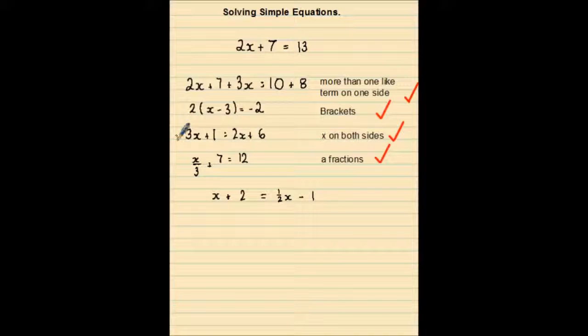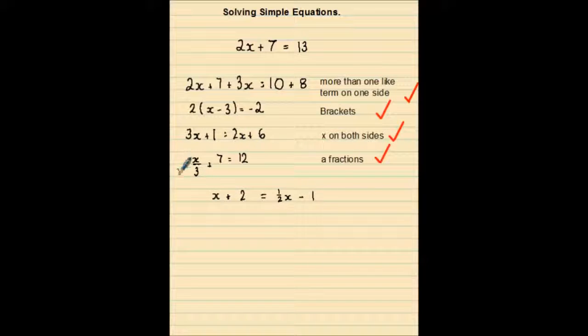Either the third case, because it has an x on both sides, or the fourth case, because there's a fraction. Now either is fine, but my advice is generally whenever you see a fraction, deal with that first. As you gain experience, you'll see the best way in each particular situation, but I'm just giving you the smallest set of rules that I can.